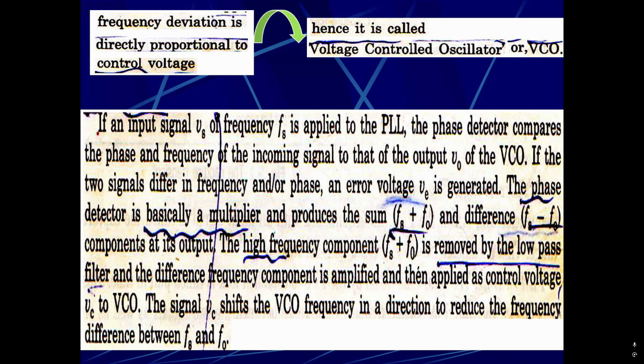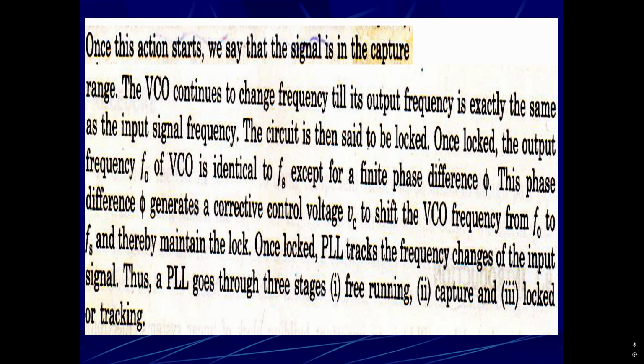The signal Vc shifts the VCO frequency in a direction to reduce the frequency difference between Fs and F0.